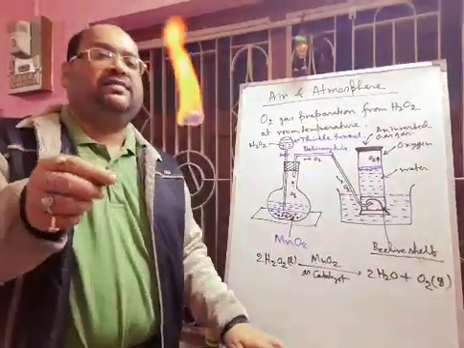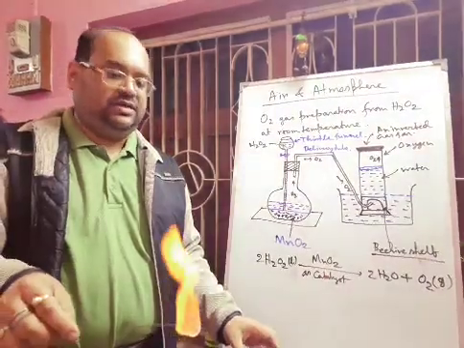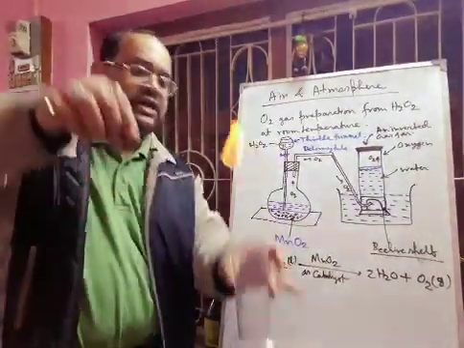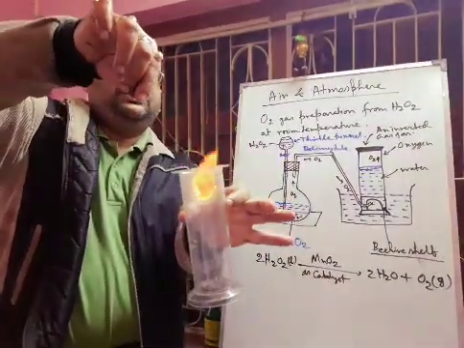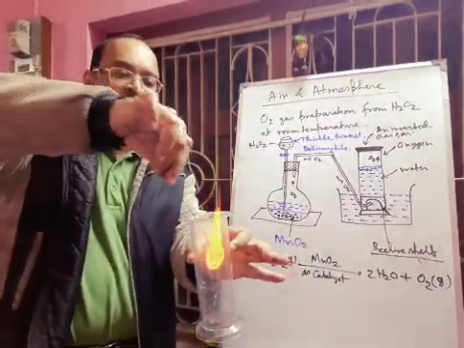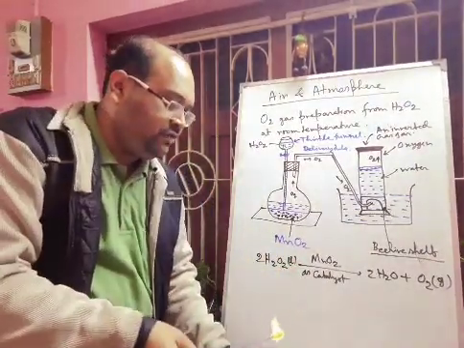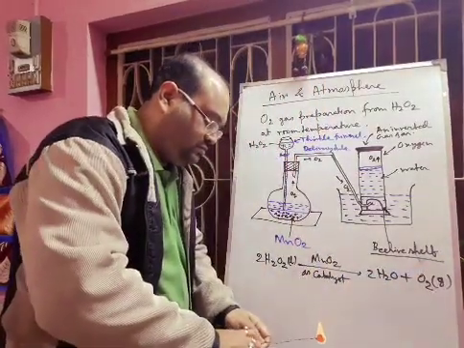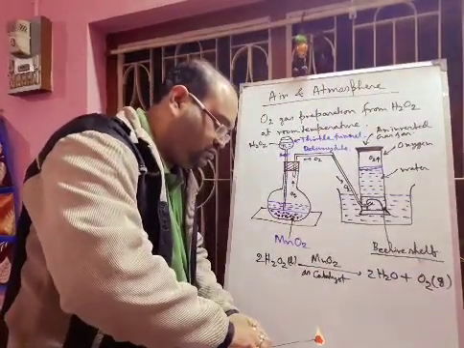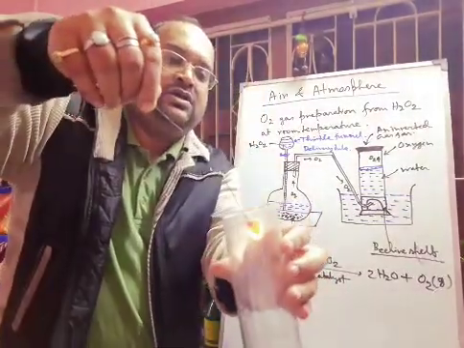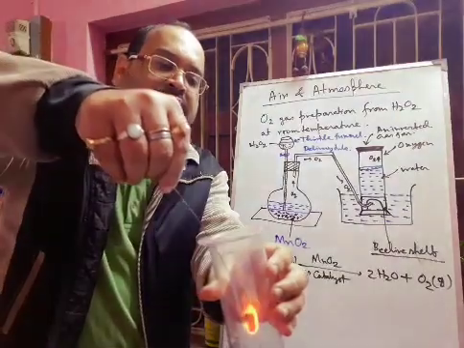If we enter, definitely it will burn more brightly. See, you are entering into this oxygen cylinder. So it is definitely burning more brightly, that means it rekindles when we are entering. Again we are putting some oxygen, then you can easily understand. And now if we enter, here you see, it rekindles.